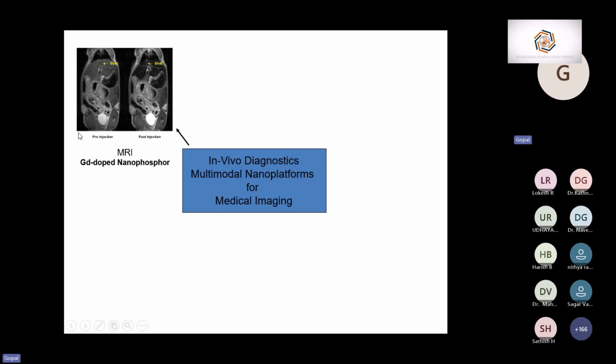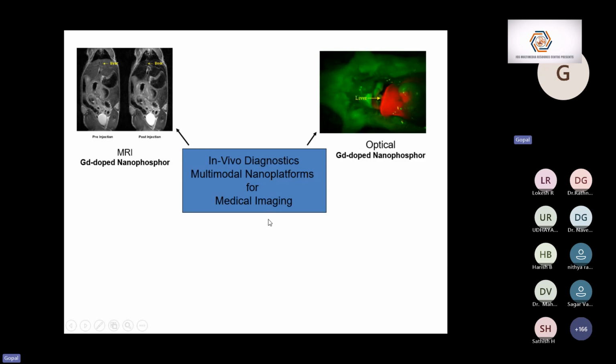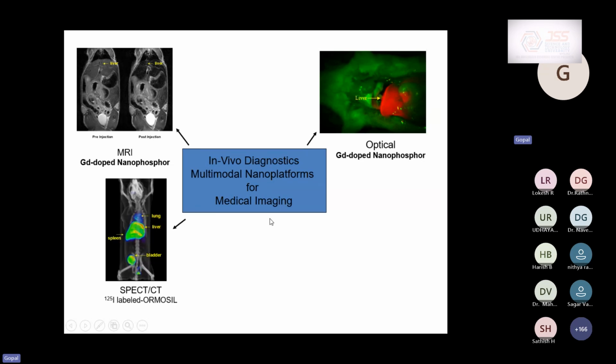So for MRI scanning, gold-doped nanophosphor in vivo diagnostics, multimodal nano platforms for medical imaging. Optical again, gold-doped nanophosphor. We can image and enhance these things.